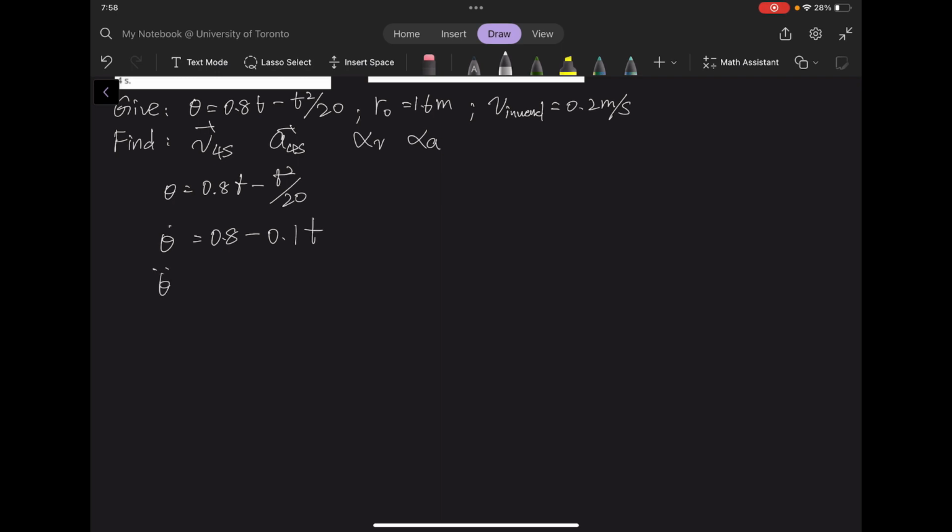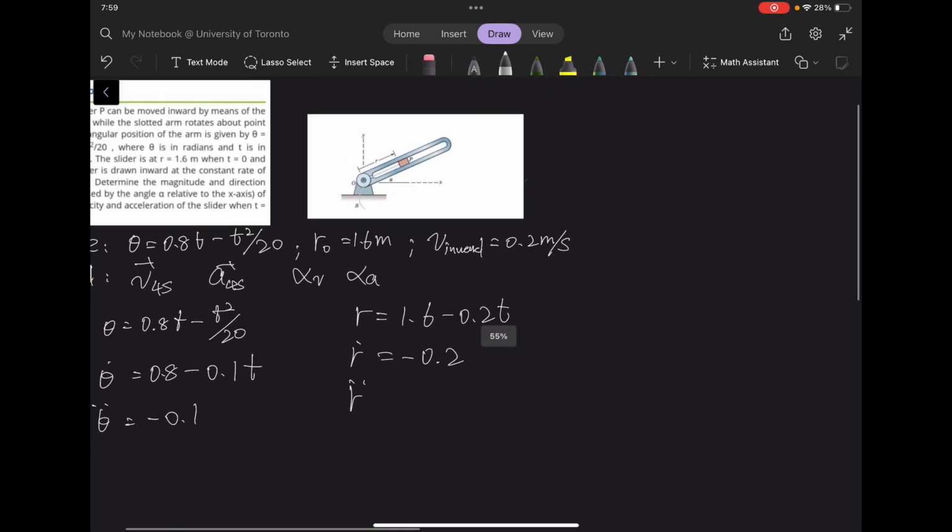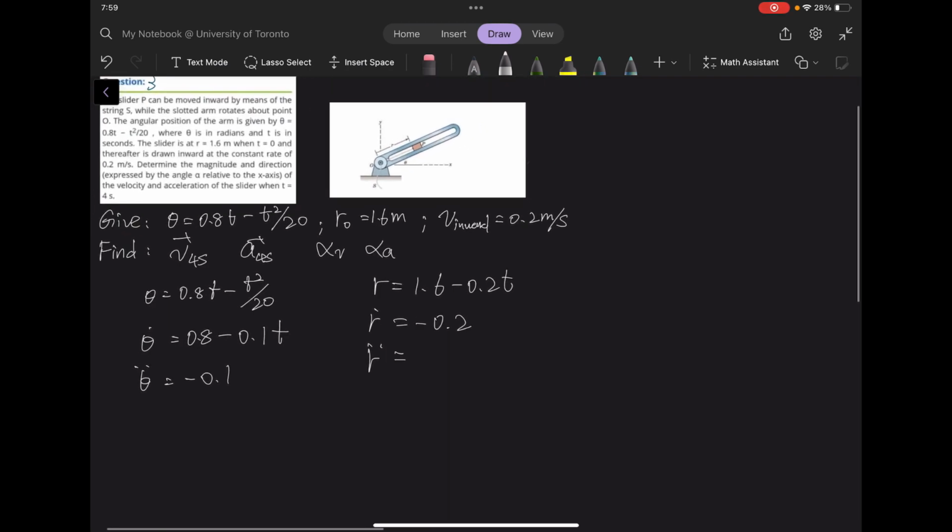And we can get the angular acceleration by taking the derivative again, which is negative 0.1. As for r, it is equal to 1.6 minus 0.2 times t. The time derivative of r is equal to negative 0.2. Again, the second derivative of r is equal to 0.